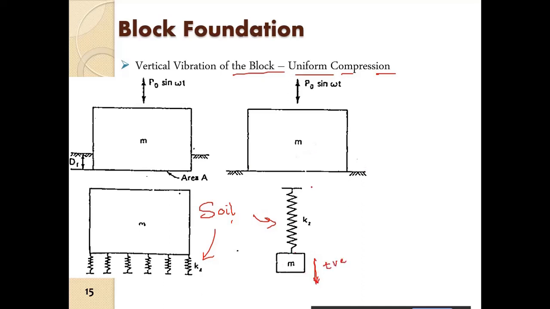If we rotate it up, the spring will be like this and the mass will be here, with upward as the positive direction. Anyway, downward direction we can consider positive. Now we have to analyze this system.